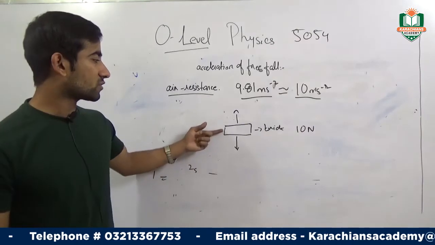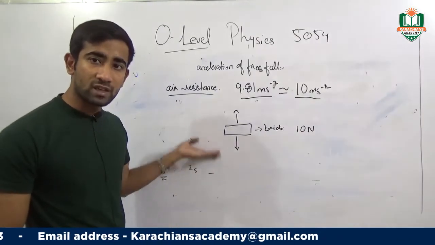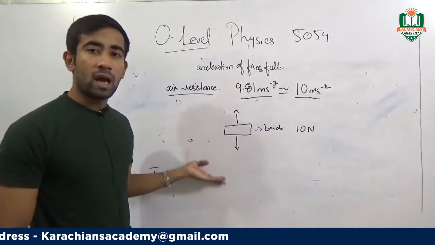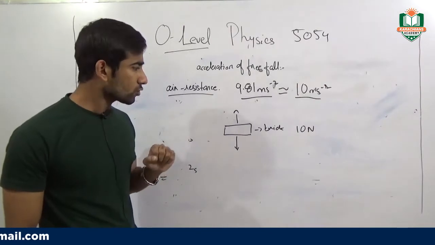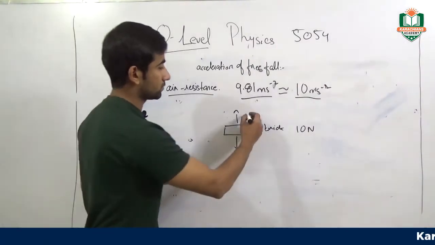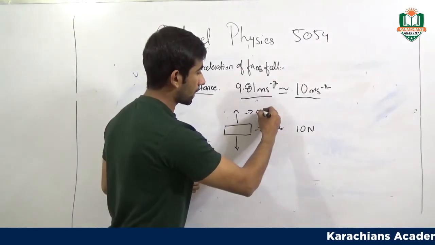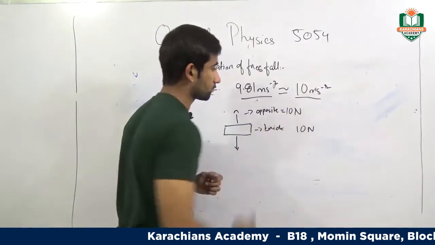And since this brick is falling under the gravity of Earth, the air molecules are applying a force against it, which is opposite in direction to the weight. So a point will reach where this reaction force, this opposite force, will be exactly 10 newtons.